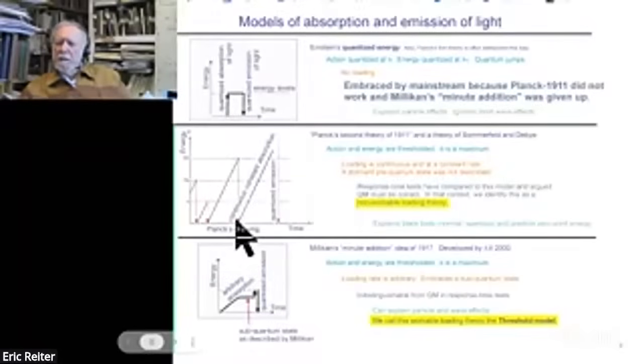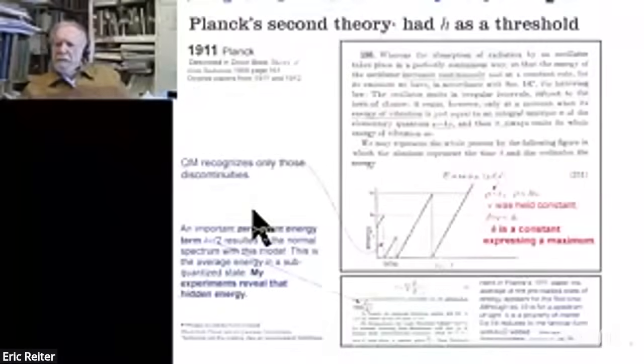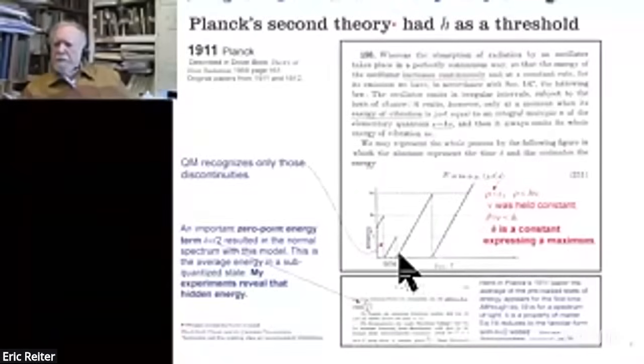I had never seen those slides, and I believe at some point you pointed me to a video with a derivation of this. Can you tell me how this relates to your experiment, if possible? Yeah, it's very close to the threshold model that I used. That's why I sent you that link. The difference is his was interpreted as a continuous absorption, and it doesn't have to be that way.